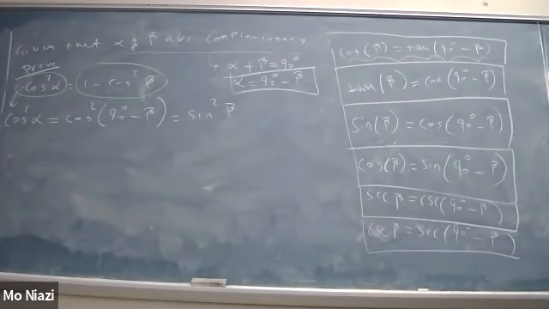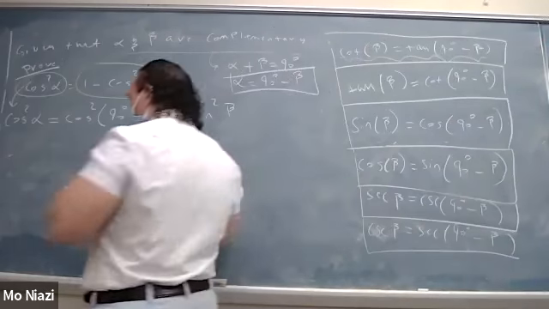Utilize the Pythagorean identity for the trigonometric functions in terms of beta? Why?